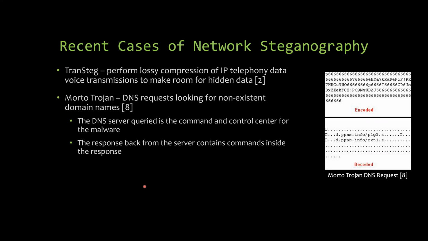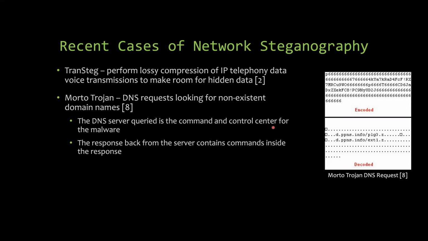That's very difficult to actually detect, because it's something that isn't really even monitored all that closely on a typical network, since IP telephony data, in a traditional sense, doesn't really have that much of a risk to an organization. But it can perform lossy compression of IP telephony data and then compress those voice transmissions down to make room for hidden data.